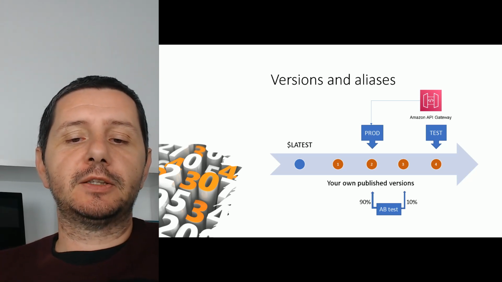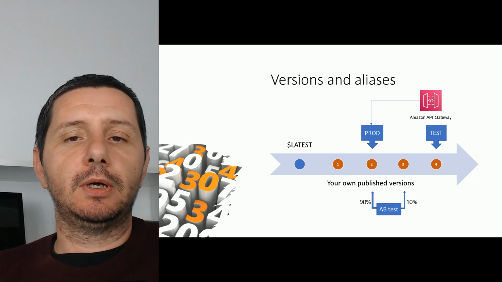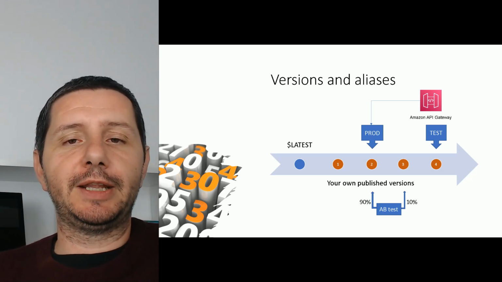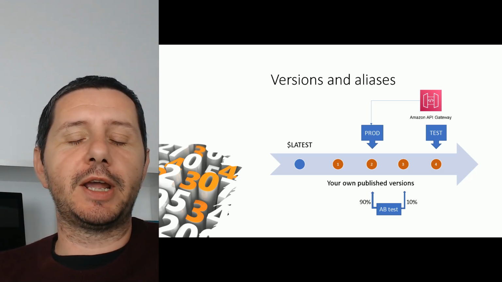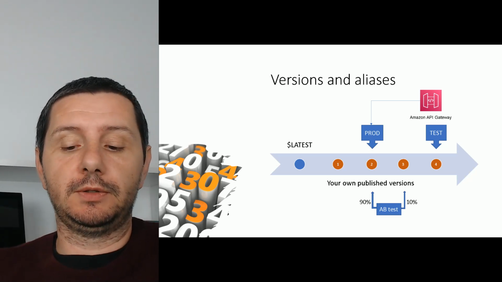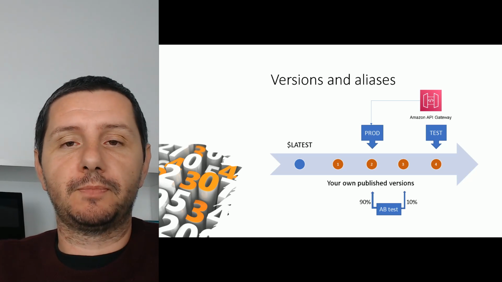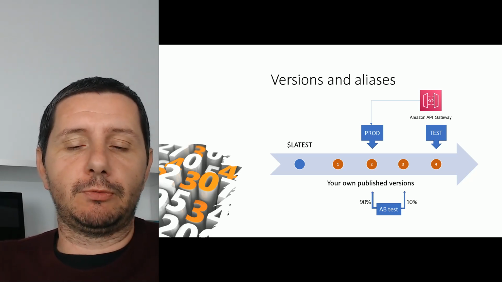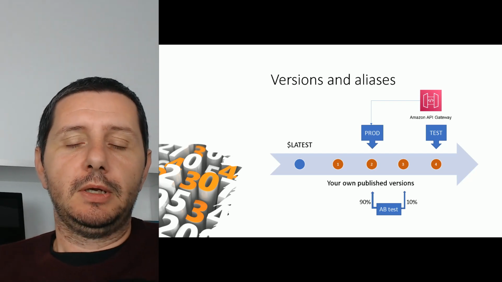And 10% goes to version 3. This is a new version maybe, and I want to test it by sending a small percentage of the traffic to this version. So I can do that with a weighted alias, and I'm going to show that to you as well in the demo.